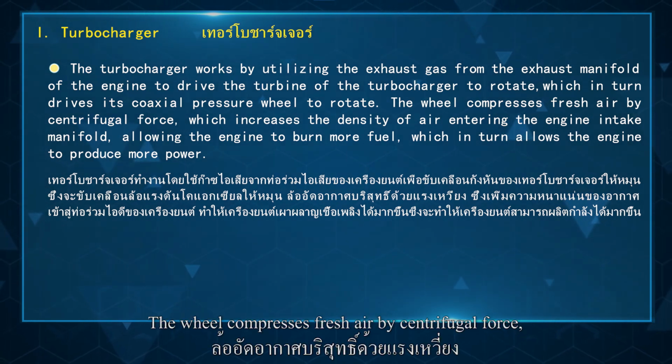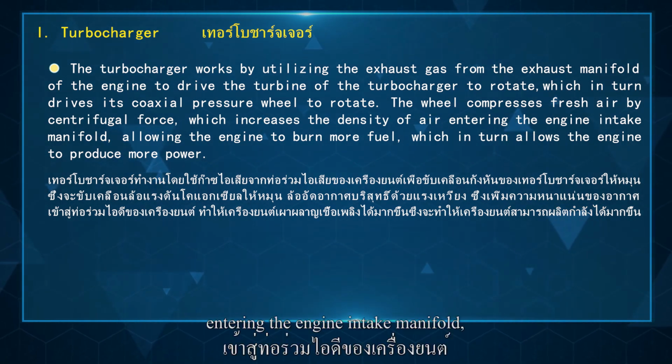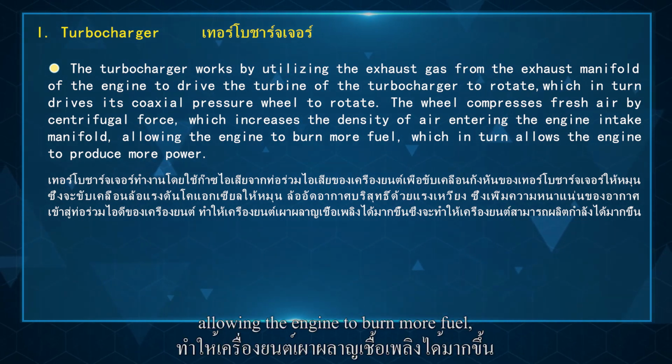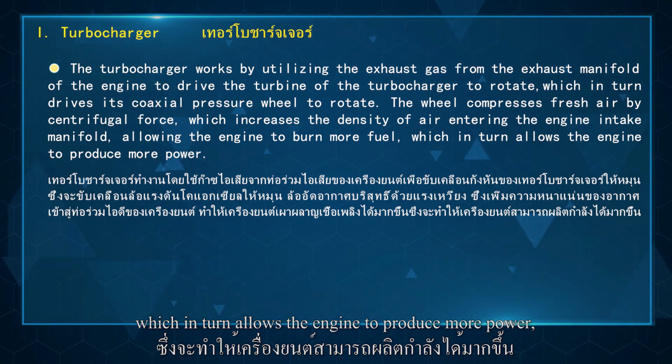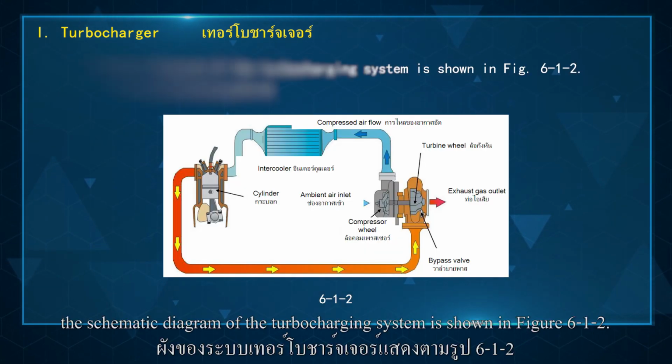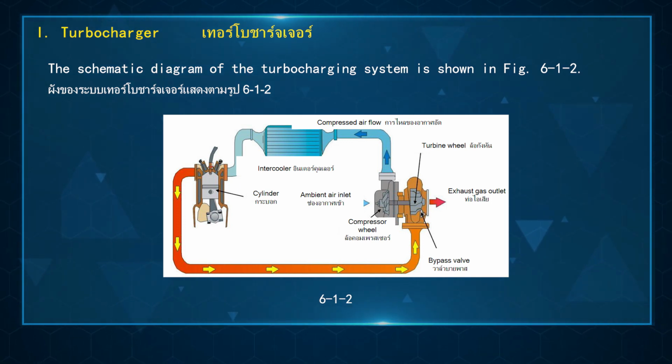The wheel compresses fresh air by centrifugal force, which increases the density of air entering the engine intake manifold, allowing the engine to burn more fuel, which in turn allows the engine to produce more power. The schematic diagram of the turbocharging system is shown in figure 6.1.2.